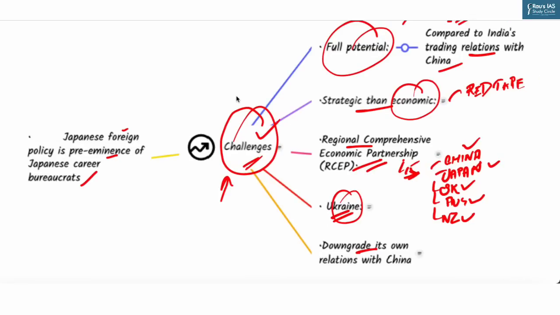Now, having seen the partnership between both countries, which ranges across multiple areas like defense, security, trade, healthcare, etc., and the challenges between them, what is required to overcome these challenges is the need to enhance the relationship between the two countries so that India-Japan relations are elevated to a new dimension.